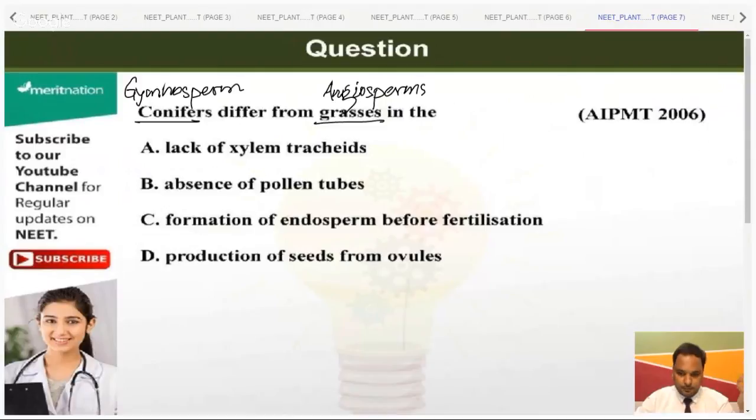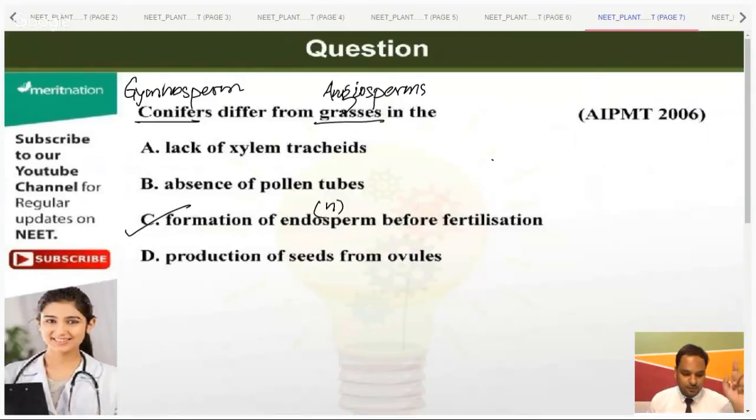Now, what happens in gymnosperms? The formation of endosperm happens before fertilization. The same way it forms the female gamete, in that process only it forms the endosperm also. That's the reason the endosperm is N in them. And this is the correct answer, C.